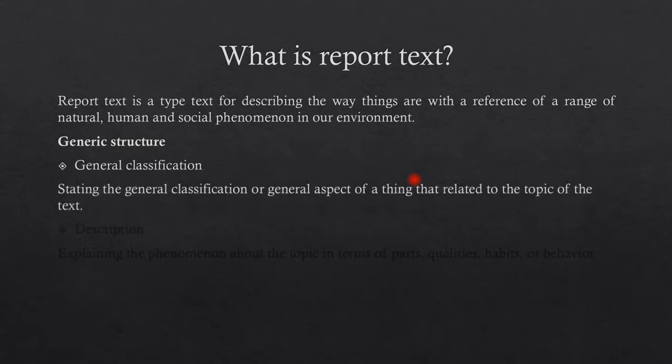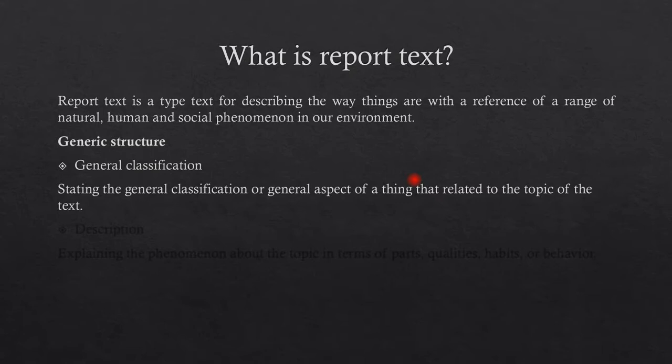So it's more general for something that you are going to explain, stating the general classification or general aspects of a thing related to the topic of the text.